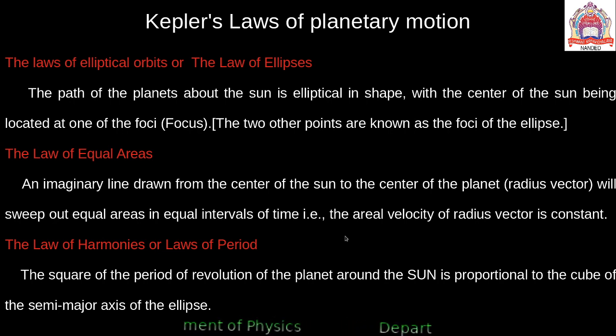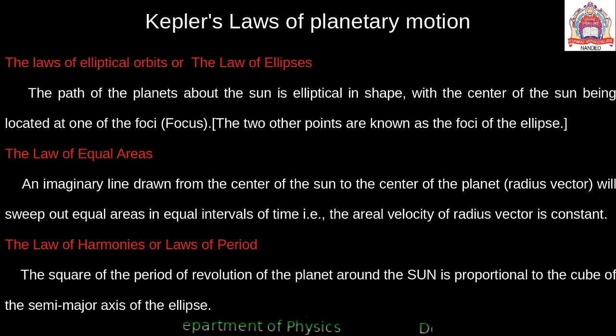In the early 1600s, Johannes Kepler proposed the three laws of planetary motion. Kepler determined that a planet moves faster when near the sun and slower when far from the sun.